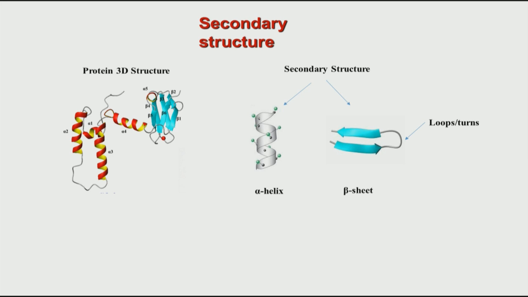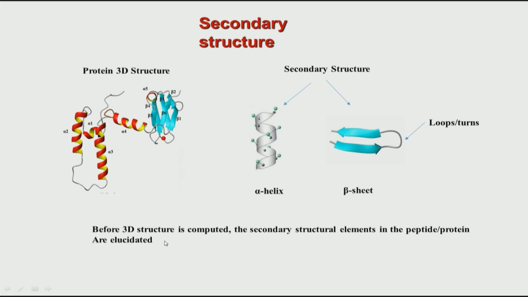Therefore, we are not going to look at a real example now, but we will go through a theoretical way of how these secondary structures can be elucidated by NMR. That is what is written here: before the 3D structure is completed or computed, the secondary structure elements in the peptide or protein are elucidated.